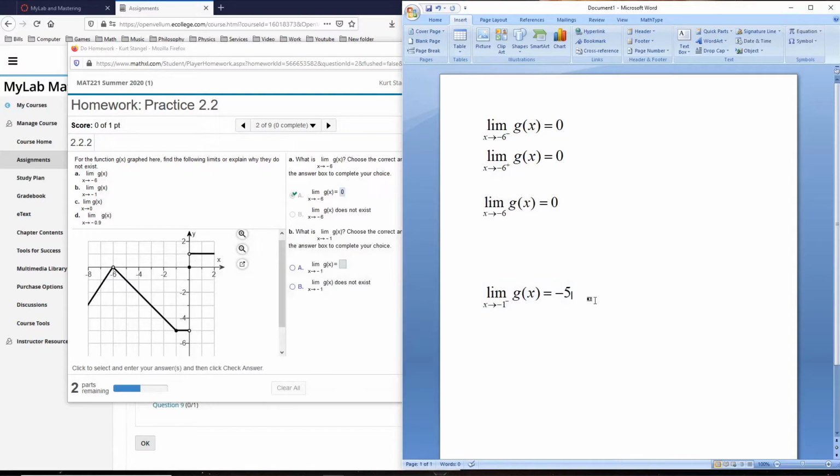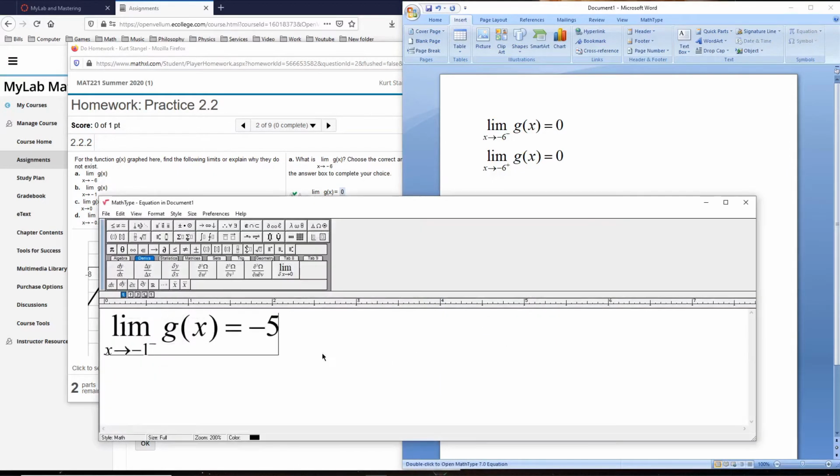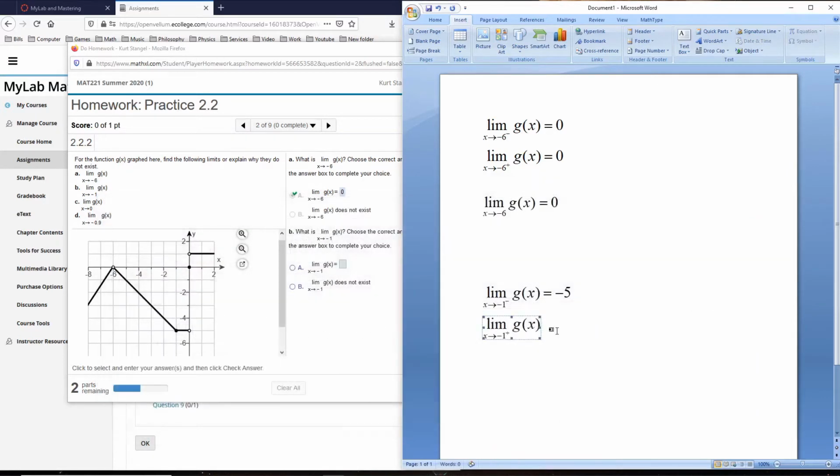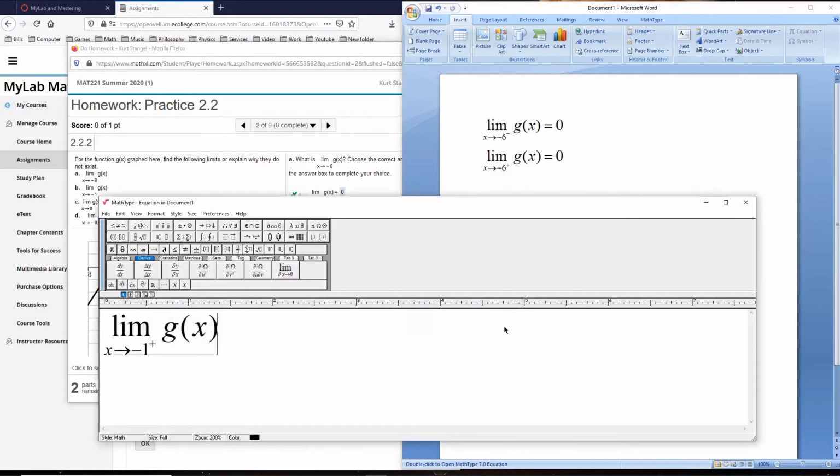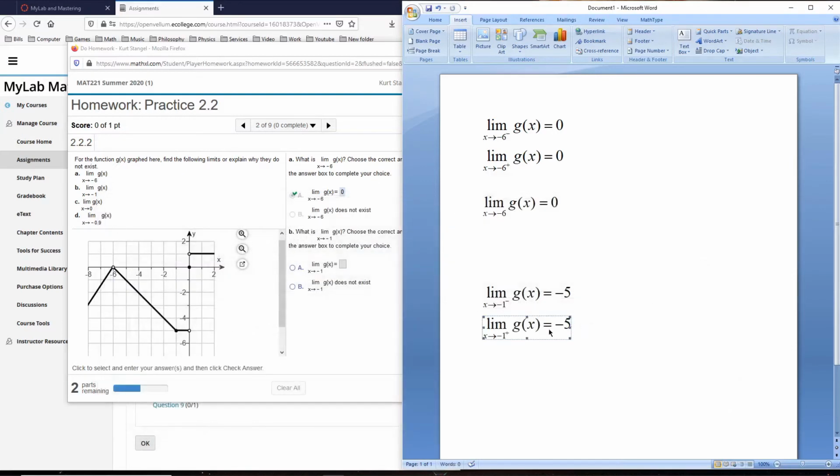And so let's check out the other side, approaching from the right. So again, -1 from the right is along this little slice here. And as we get closer and closer and closer to -1, we find ourselves at a height of -5. And we see again, both of these are equal.